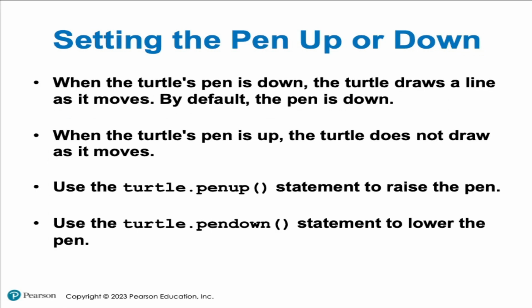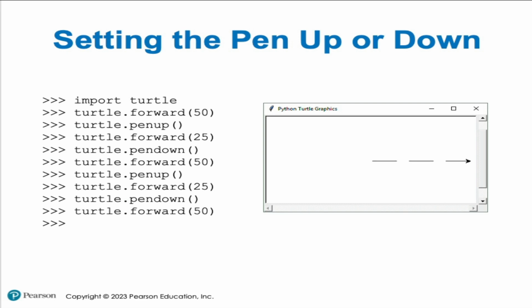When you import turtle, it starts with the pen down, which means as you move, a line or arc is drawn. When the pen is up, we can move the turtle around, but as it moves, there is no line drawn on the screen. The way we accomplish that is with the penup and pendown methods. So here's an example.